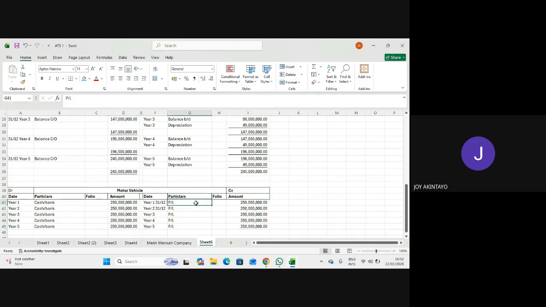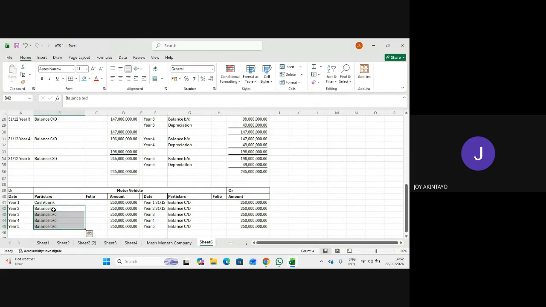Then the balance carried down for everything. This will be the balance brought down. That's all.